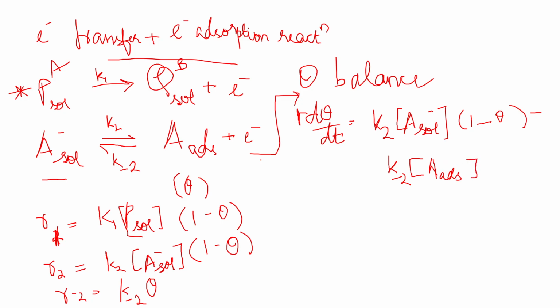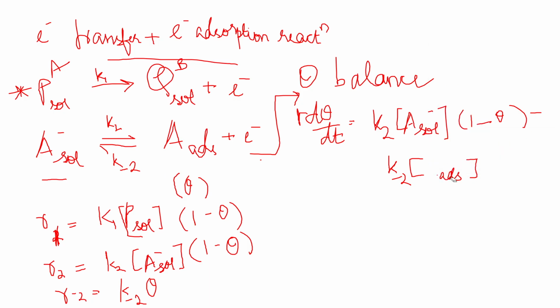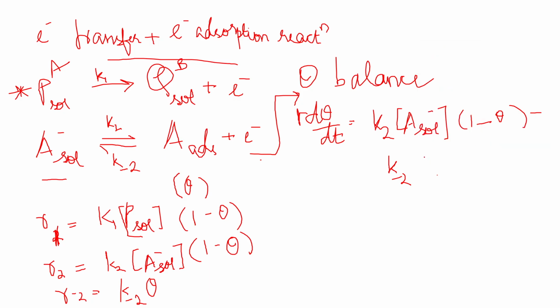Sorry, so adsorbed is an intermediate. So I should write it as minus K minus 2 into theta. Is there any doubt in that?